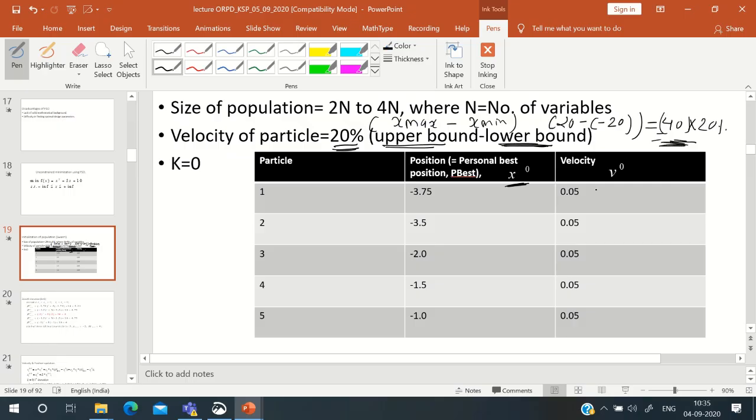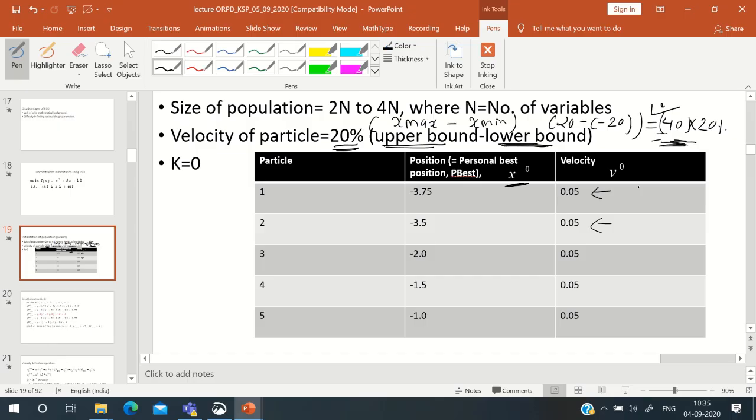But as it is a small scale problem, I have considered these values 0.05, 0.05, 0.05, 0.05, 0.05. I have taken the same values. You can take different values depending upon this equation. In this, I have not used this equation, but you can use this equation. So the first step is the initialization of the population of the particles.